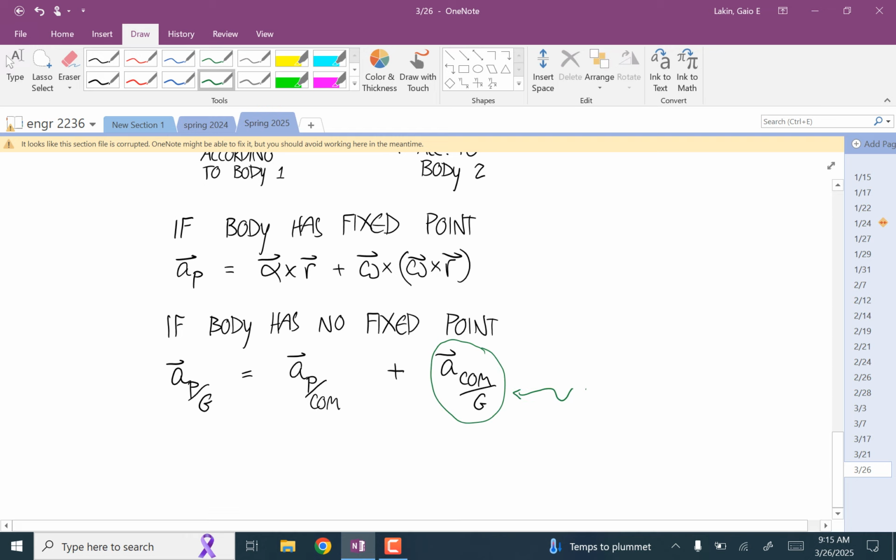This one comes from a vector variable or multiple scalar variables from our rigid body kinetics. And this one comes from the relative acceleration equation.